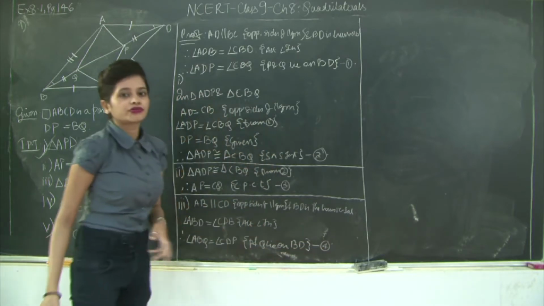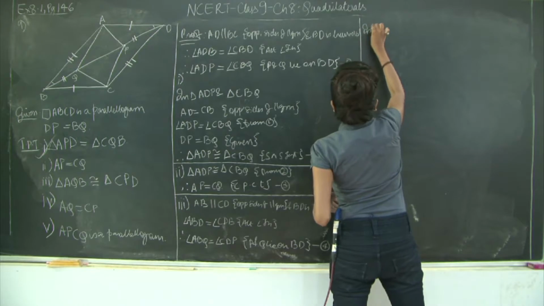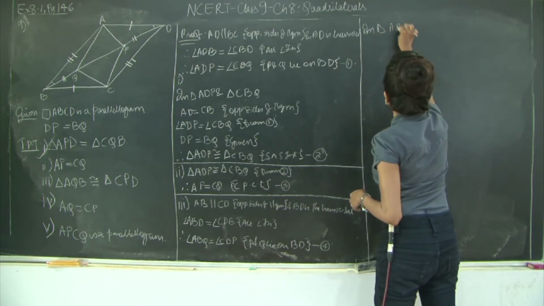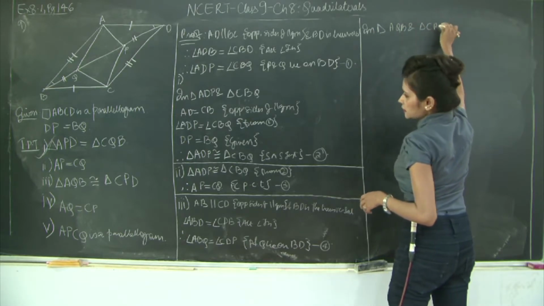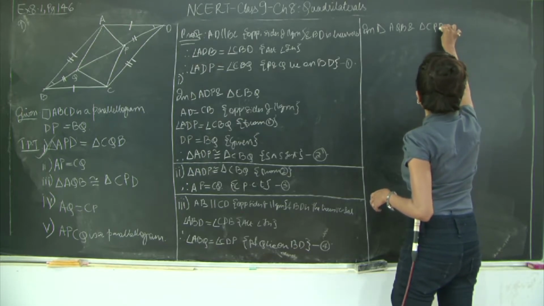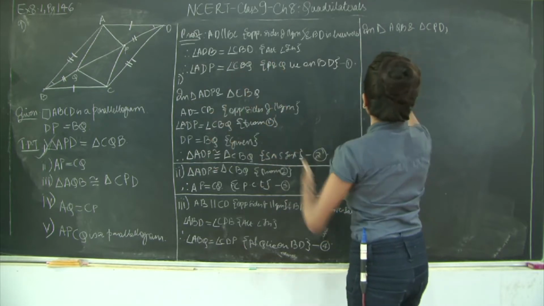Now let's go ahead and prove the two triangles congruent. So in triangle AQB and triangle CPD, what do I have? I have AB is equal to CD.